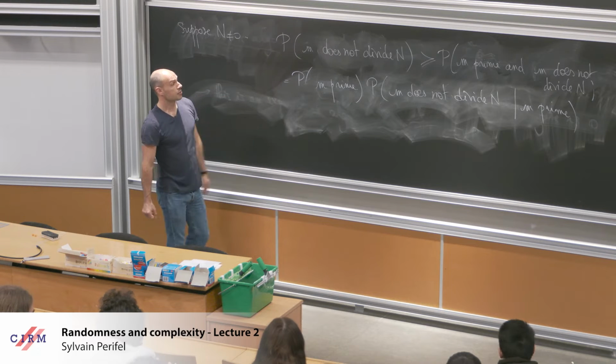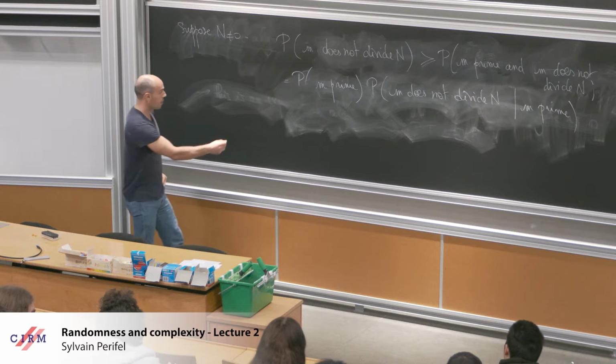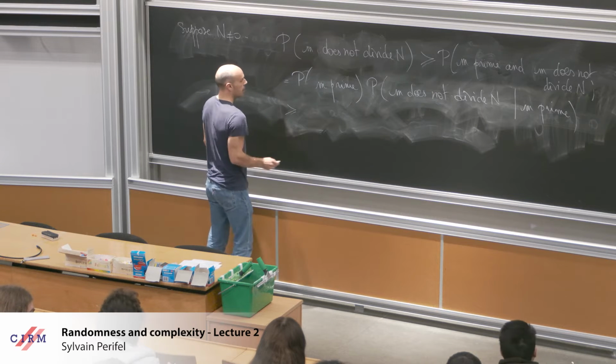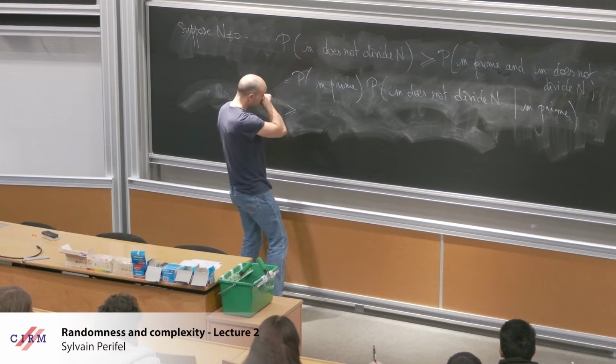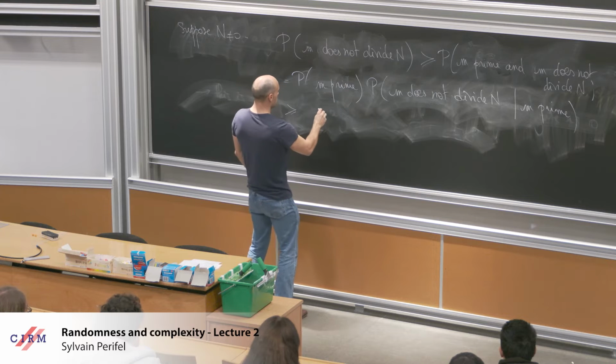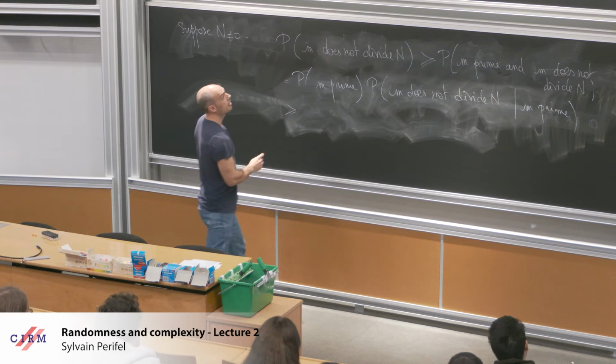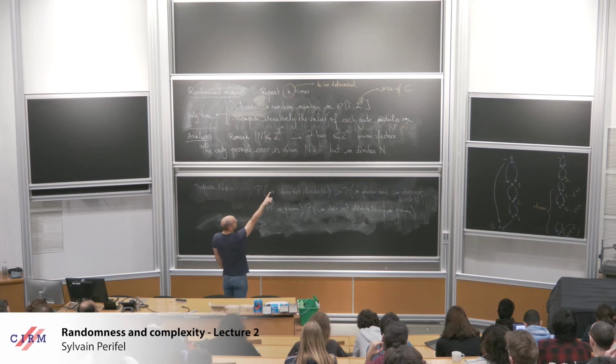Okay, and now, let's try to evaluate this. So the probability that m is prime, by the prime number theorem, is at least, so how many primes are there in the interval? There are 2 to the n squared divided by log of 2 to the n squared.